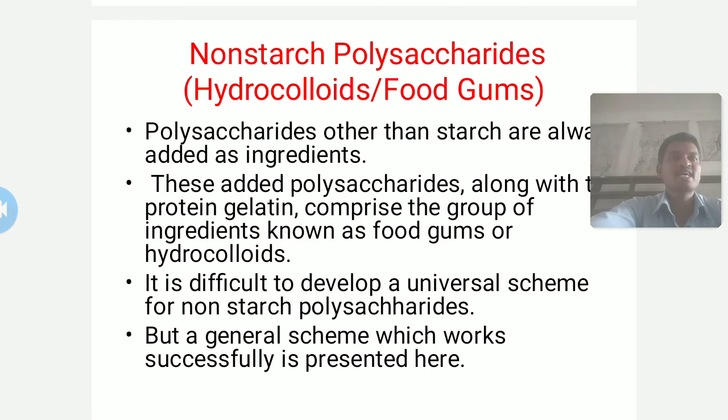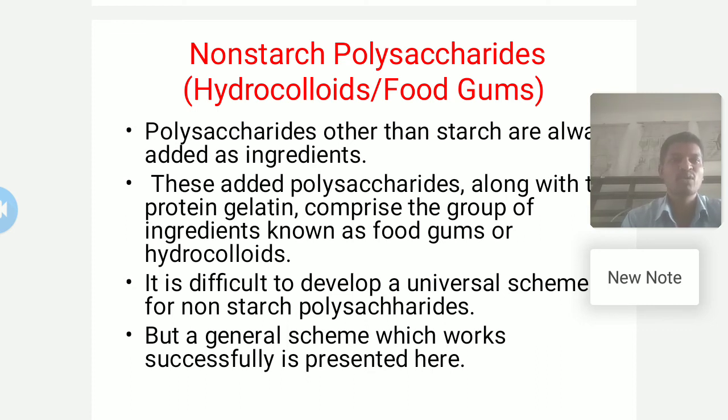Polysaccharides other than starch are added as ingredients in food products. These added polysaccharides, along with the protein gelatin, comprise the group of ingredients known as food gums or hydrocolloids.